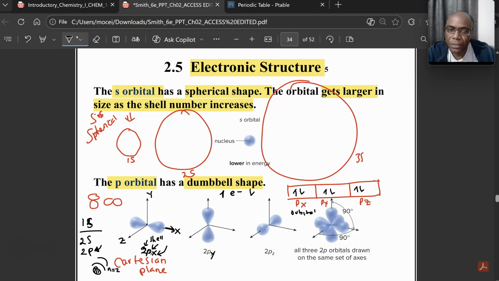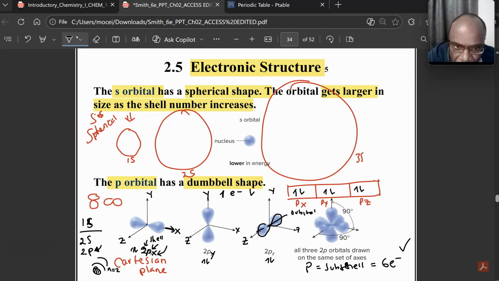So now you know py is going to be on the y-axis, and then pz is going to be on the z-axis. There it is, on the z-axis cutting through. So each of these can carry 2 electrons, and for that reason we say that overall the p subshell carries a maximum of 6 electrons. I've emphasized that so many times.